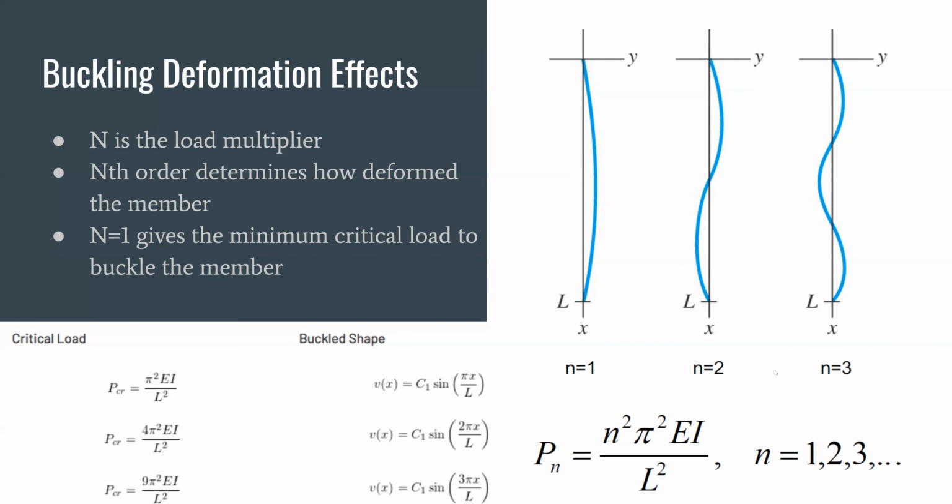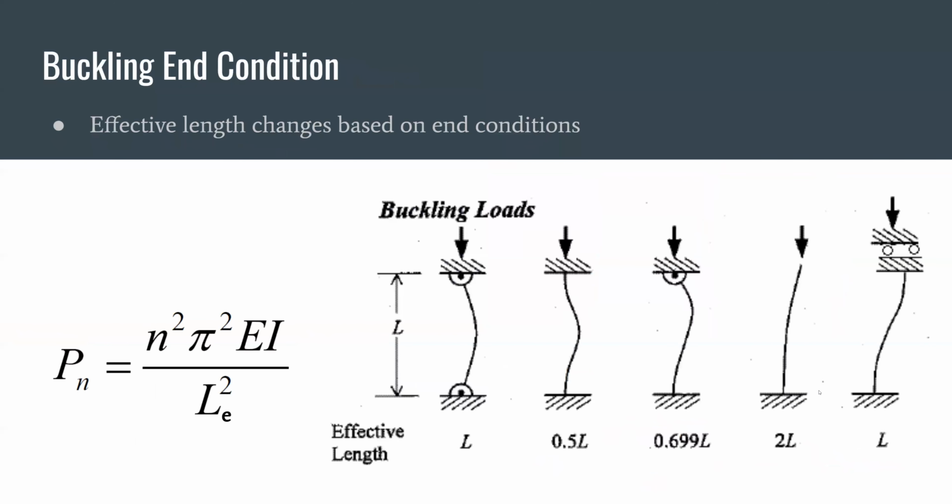So next slide, I will talk about the buckling end condition. The effective length changes based on end condition. There are 5 cases. The first case is pin connection on both sides.